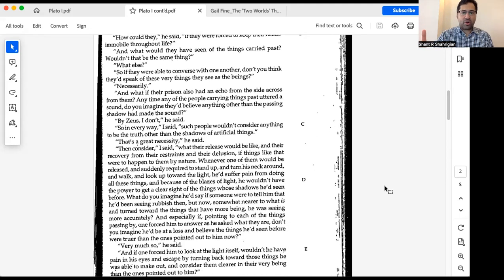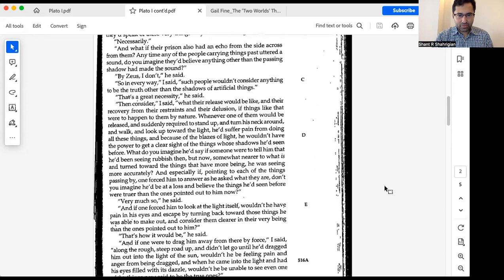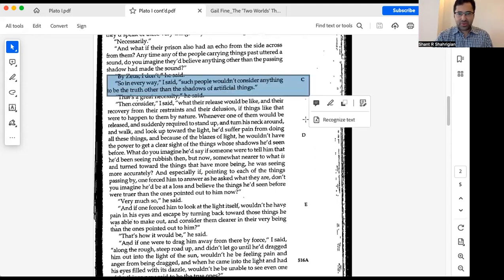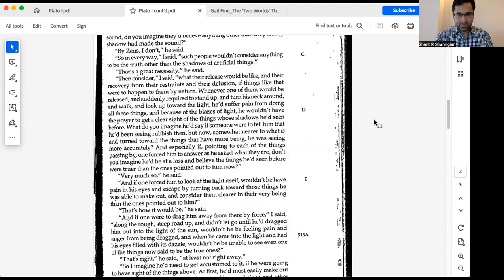If they hear an echo, that's what distracts them. And Socrates says, in every way, such people wouldn't consider anything to be the truth other than the shadows of artificial things. If you spent your whole life in this cave and all you've ever known are the shadows cast by the puppets and the weird sound effects, that's what your reality is.